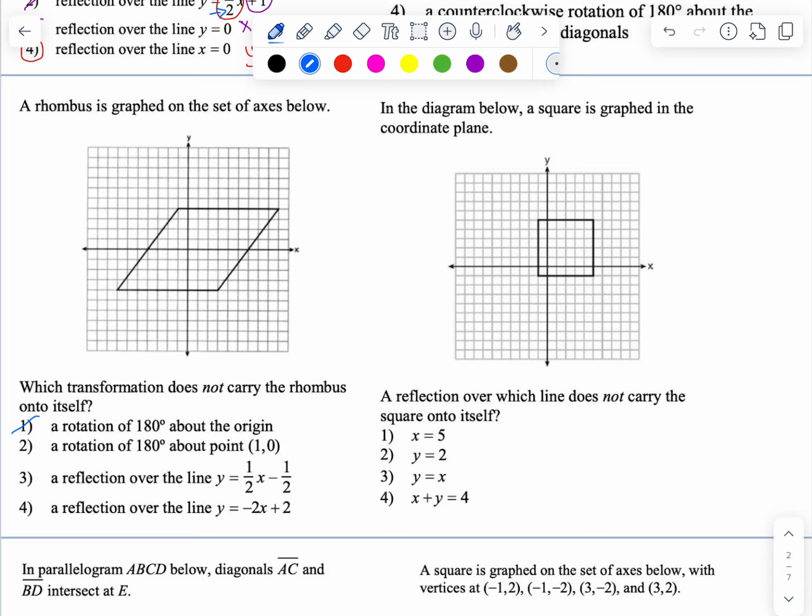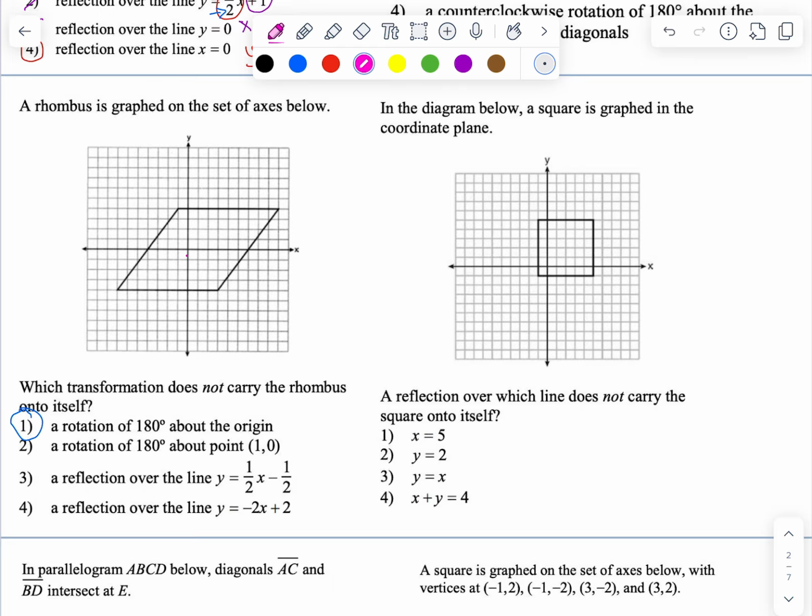Oh, the question is which one does not carry it onto itself? That's the first one. And just so we could see why the other ones work, so we just saw that answer choice 2 would work, even though I misread the question. For 3, that's the y-intercept of -1/2. It's kind of in between points.